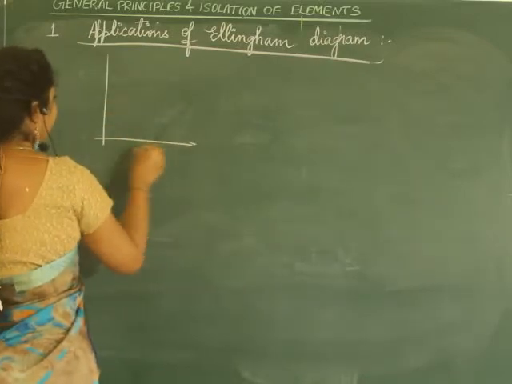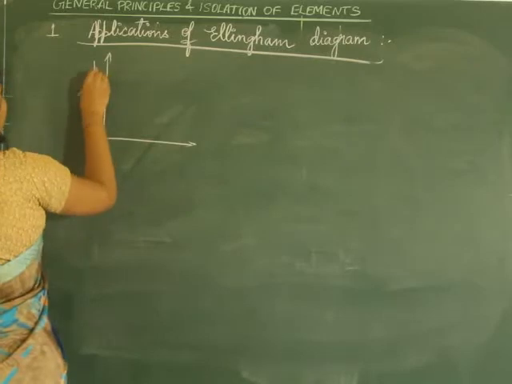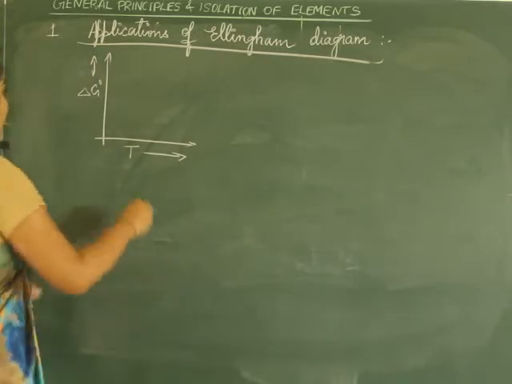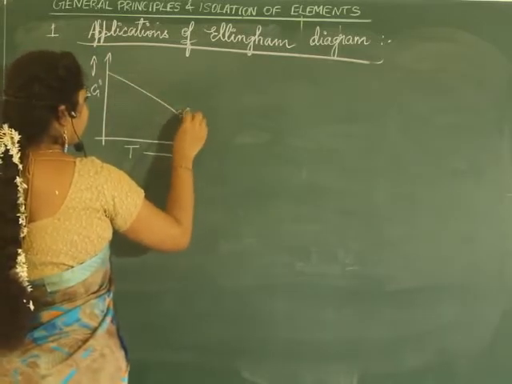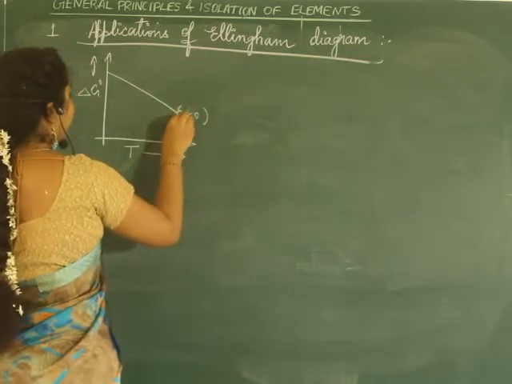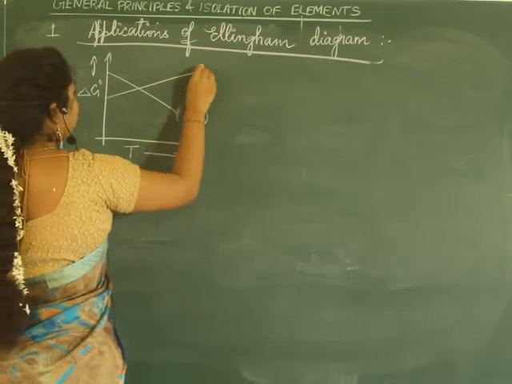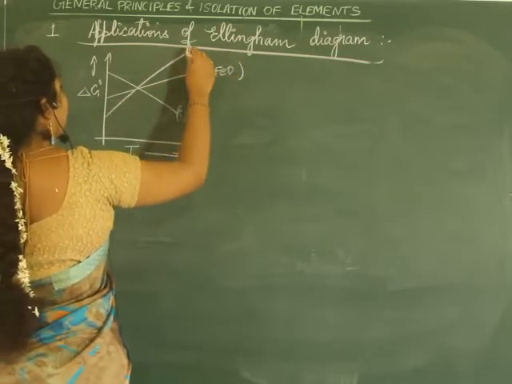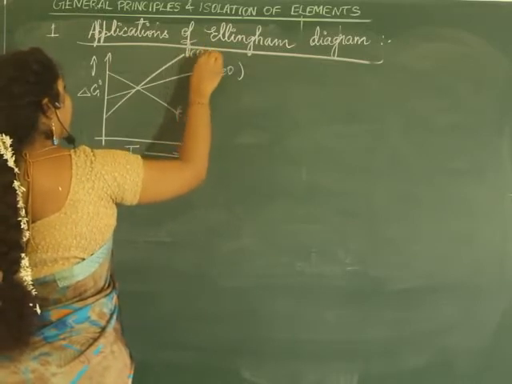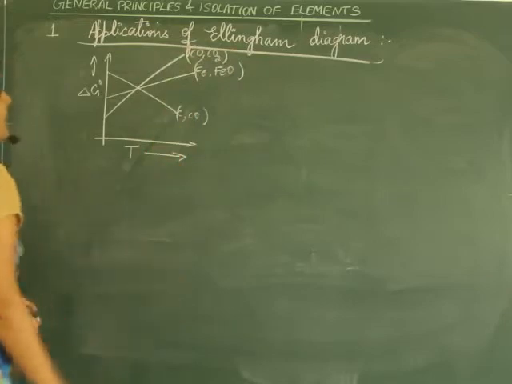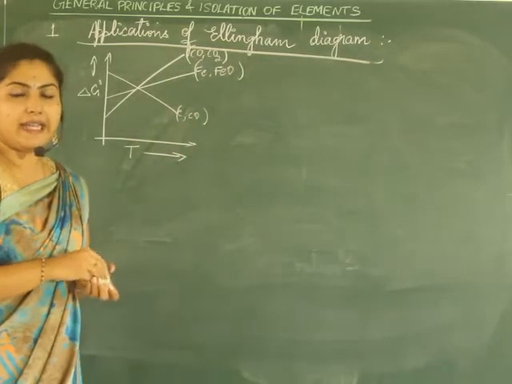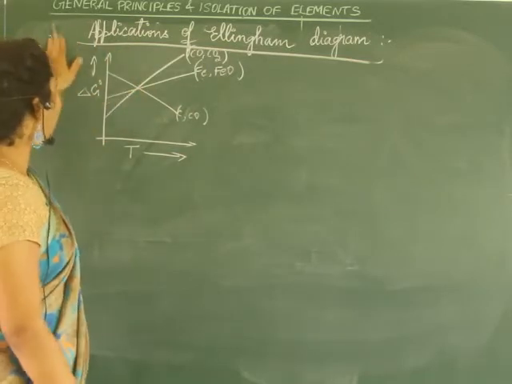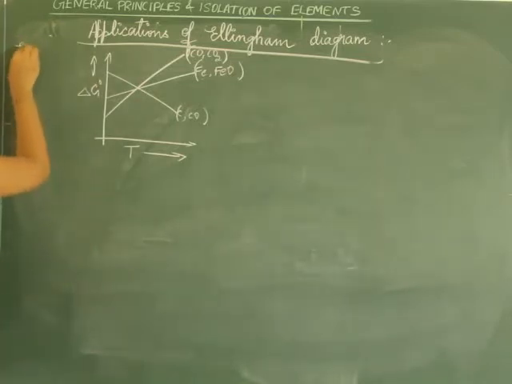Briefly, if you check out the curve, I have roughly drawn a few parts of the Ellingham diagram. So the first application of the Ellingham diagram is extraction of iron.